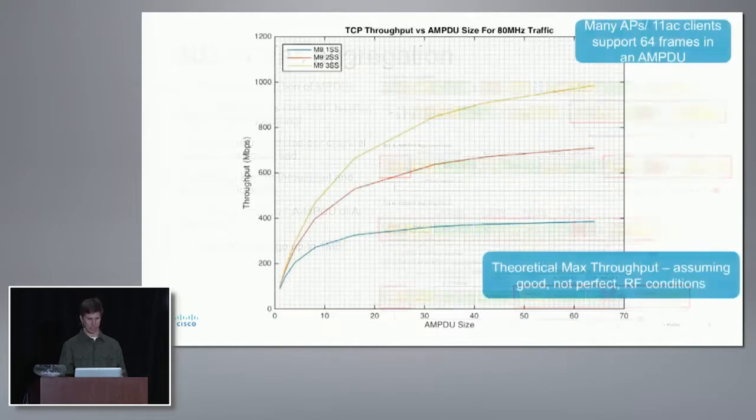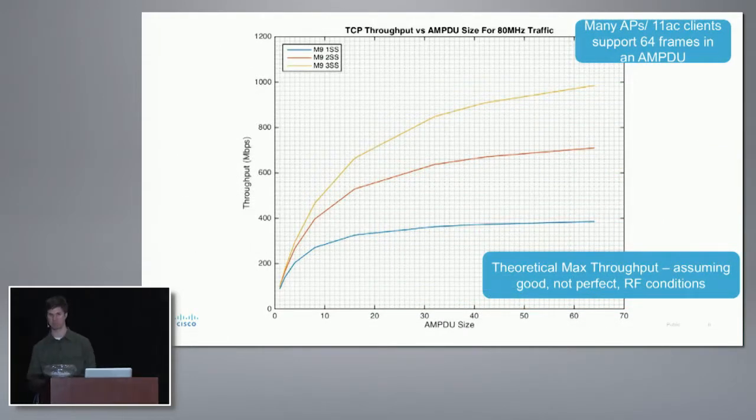So how does aggregation help? This is a throughput model of PCP throughput versus AMPDU size, going from 1 frame up to 64 frames, which is the maximum that you'll see, and for 1, 2, and 3 spatial streams. Now, some parts of the model are a little bit optimistic.